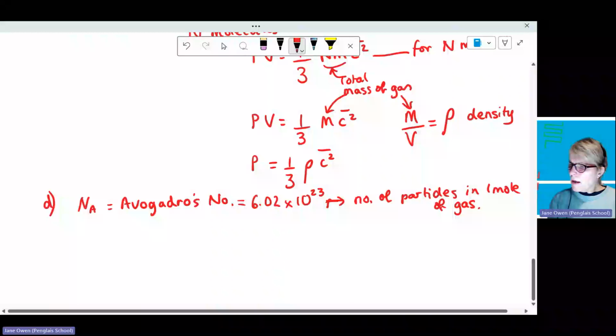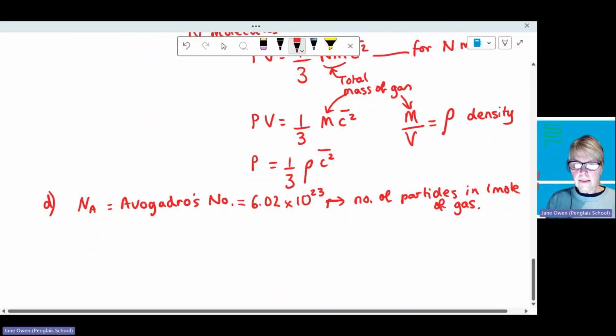Okay, so 1 mole of anything. It could be garden peas. If you've got 1 mole of garden peas, you will have 6.02 times 10 to the 23 peas. The definition of a mole comes about because we relate it to the atomic mass of carbon being 12, and to the fact that in 12 grams of carbon 12 there is 1 mole, i.e. there are 6.02 times 10 to the 23 particles.